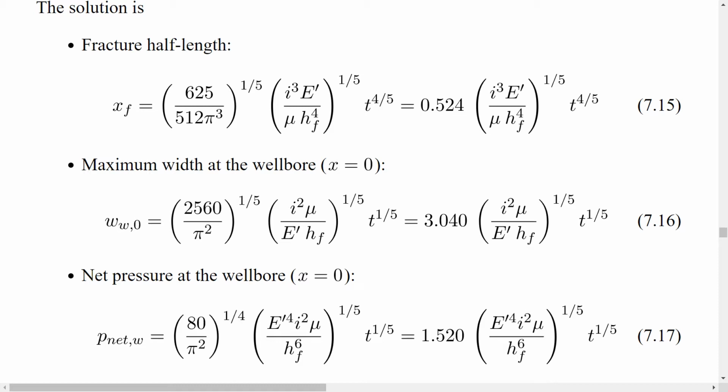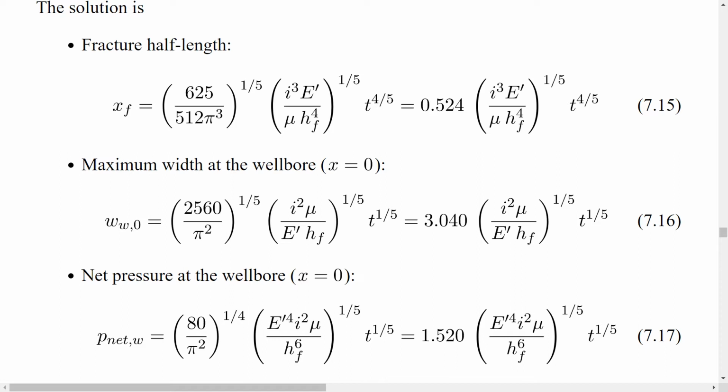All right, so problem number 6 in the homework is about using these equations and predicting what will be the fracture length, width, and net pressure with a given injection rate and viscosity and so on.